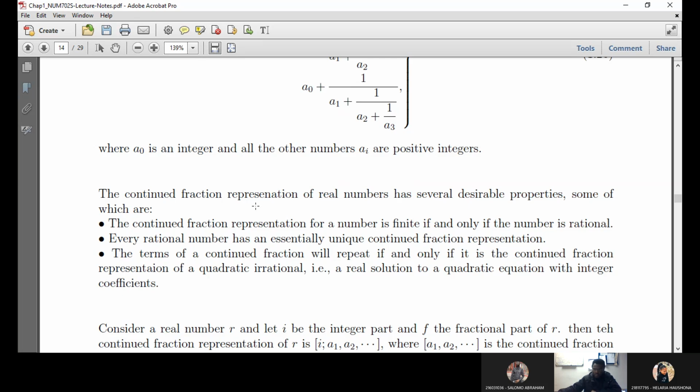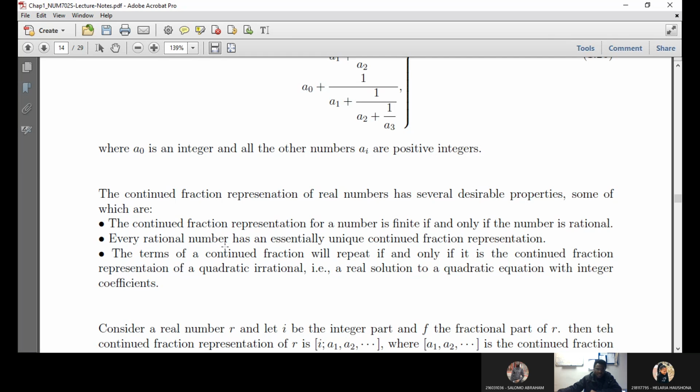The first one: the continuous fraction representation for a number is finite if and only if the number is rational. That's exactly what I just said. If your number is rational, you have a finite representation, right? But if it's irrational, then you'll be able to write it indefinitely.